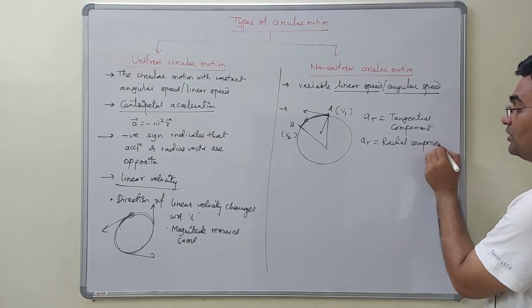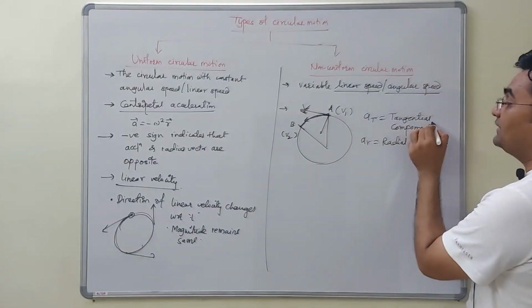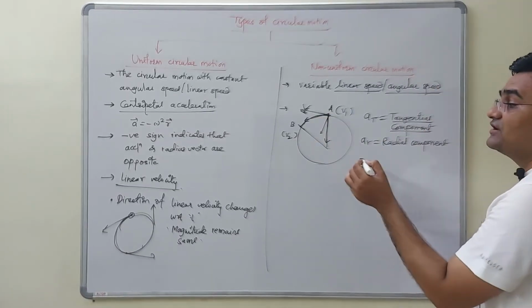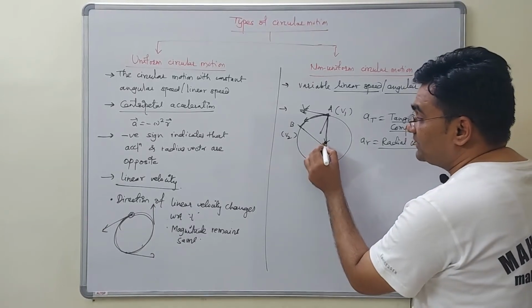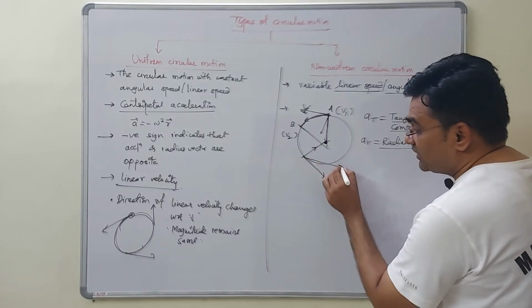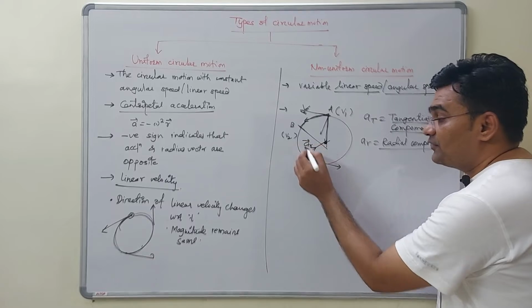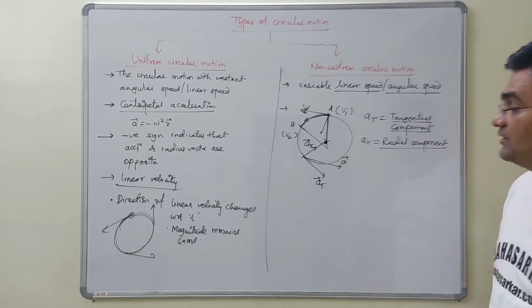The component of acceleration along the direction of velocity is called the tangential component, and the component of acceleration along the radius is called the radial component. These components are always perpendicular. If this is the center, this will be the first component, this will be the second component, and this will be the resultant acceleration. So it may be the vector a_R, the vector a_T, and this will be the resultant vector a.